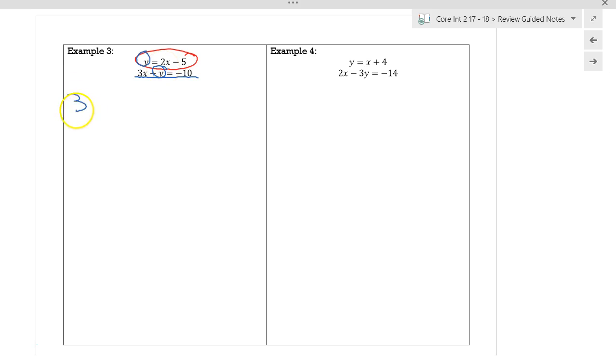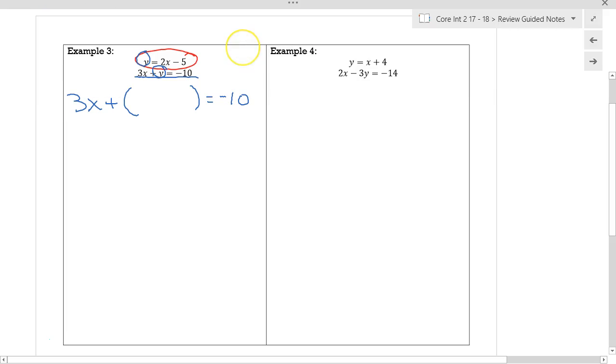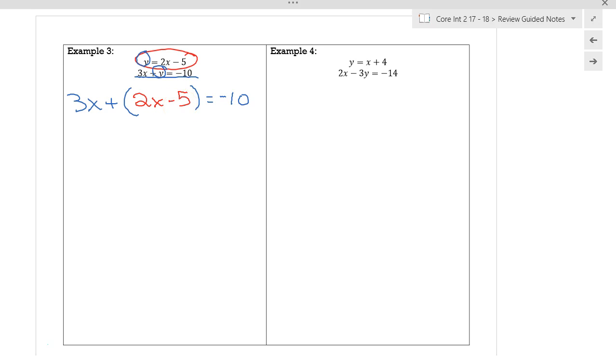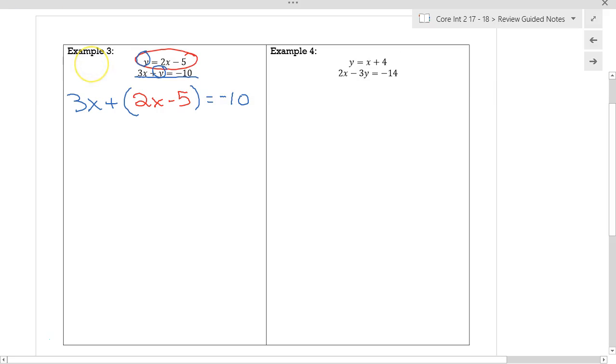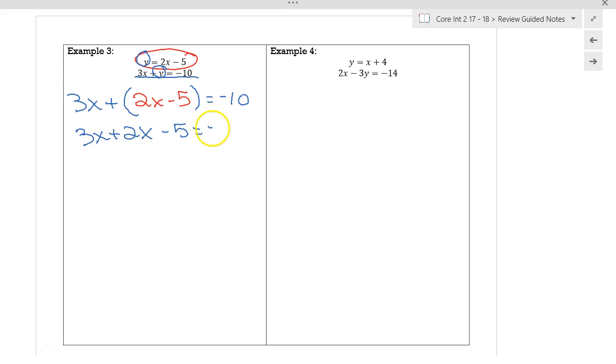So that's 3x plus, instead of that y, I'm going to put parentheses. And inside of those parentheses, y is equal to this 2x minus 5. There's nothing to distribute here, so I just have 3x plus 2x minus 5 equals negative 10.